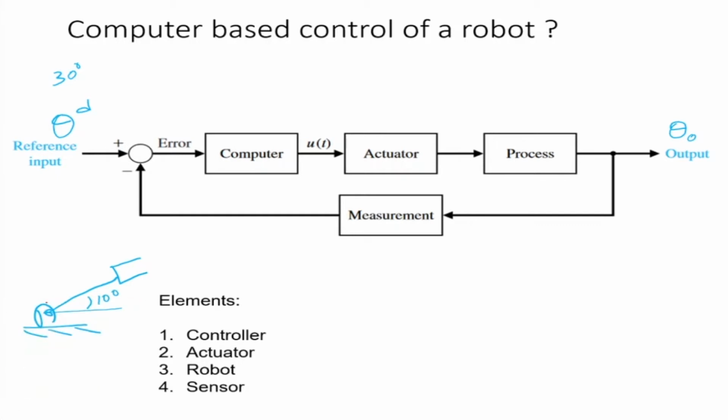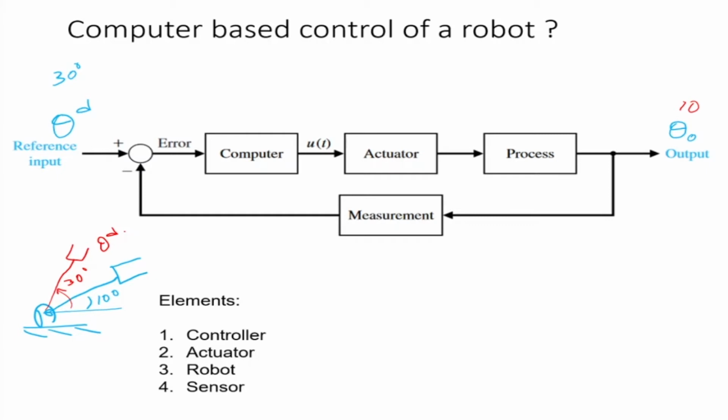So this is my desired, I want to move it here to 30 degrees. This is 30 degrees, exaggerated, but just as a schematic. So theta d is 30, that is where I want to go. Now theta output at present is 10 degrees, because at present it is at 10, let's assume.